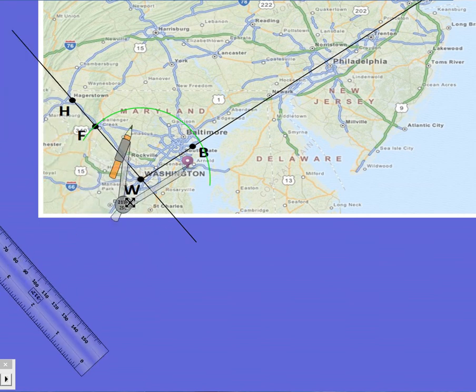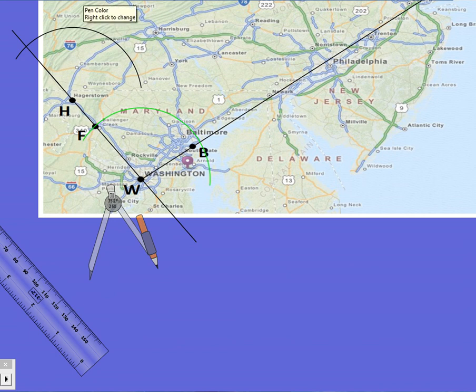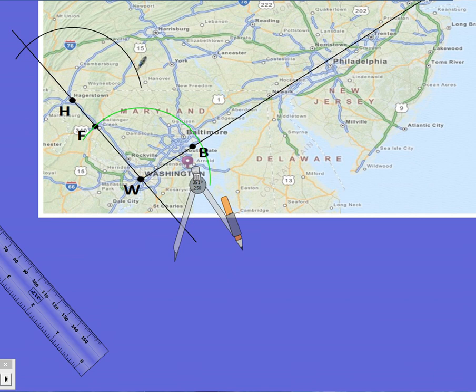Okay. So I need to keep that same compass setting, come up to Hagerstown, and make that same arc. I meant to do in green. That's okay. All right, we'll work this out. So I drew my transversal. I made one arc, and at the other point, a second arc.